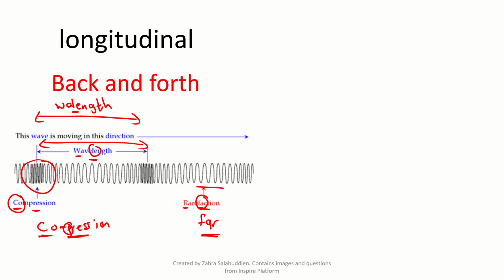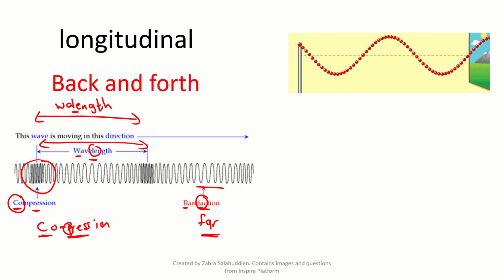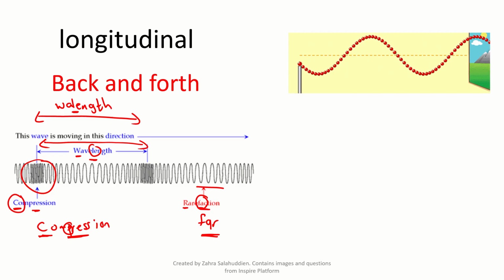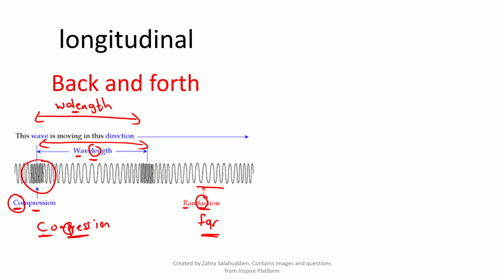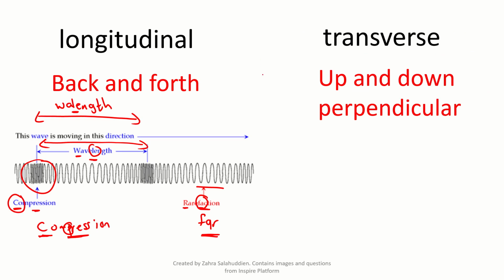Now let's look at our second type of wave. This wave, remember, it moves up and down like a snake. Because it's like a snake, I call it transverse. It has lots of S's in it because it moves like a slithery snake up and down. Sometimes they use the word perpendicular instead of up and down.